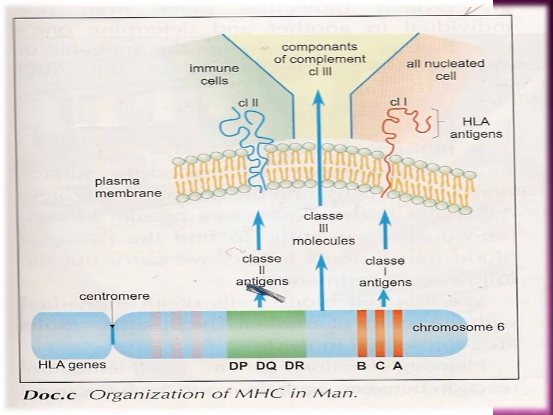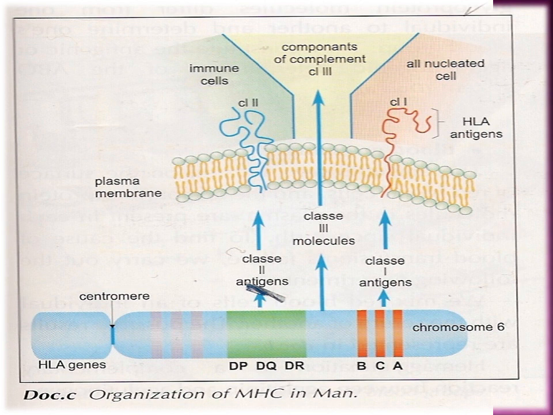Okay. In document C, there is a sample of a part of chromosome number 6 long arm showing the organization of MHC in man. As we know that MHC is a major histocompatibility complex.